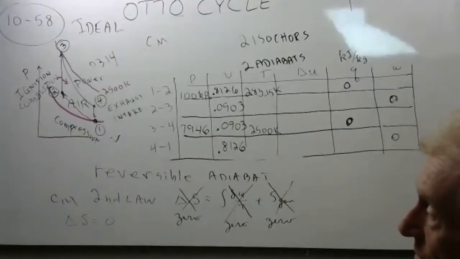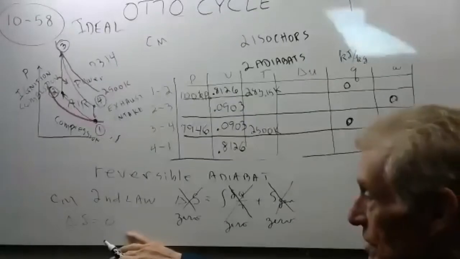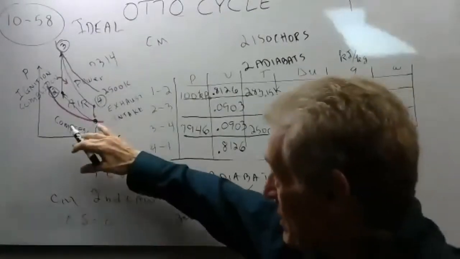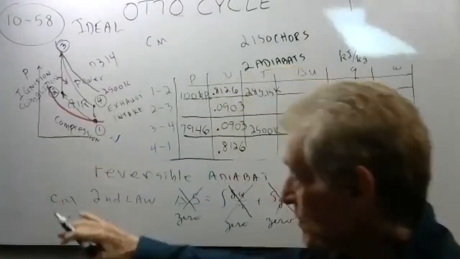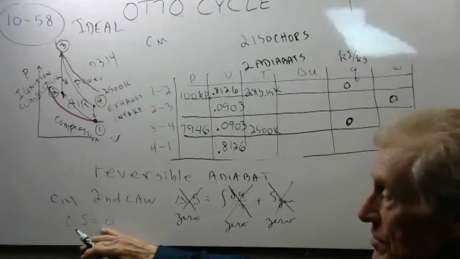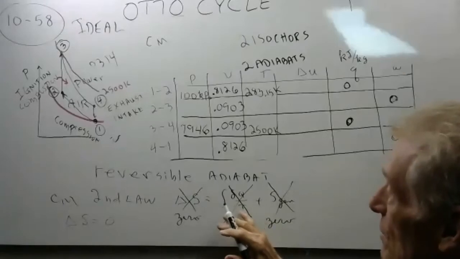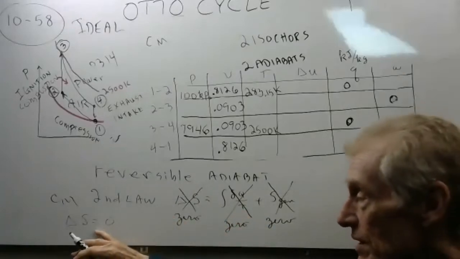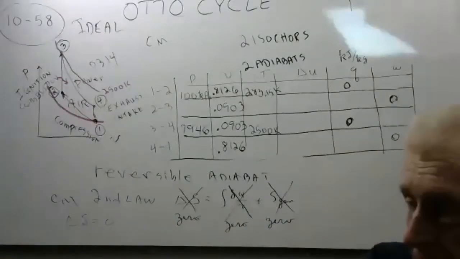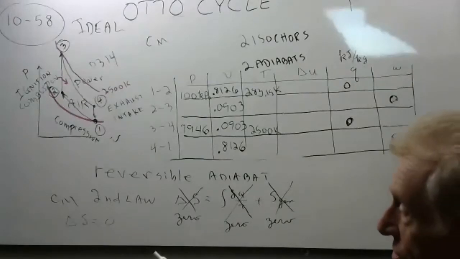I'm asking, delta S is 0 on these adiabats, on these reversible adiabats. And there's a special name for processes that are reversible and adiabatic. When delta S is 0, they call it Isentropic.